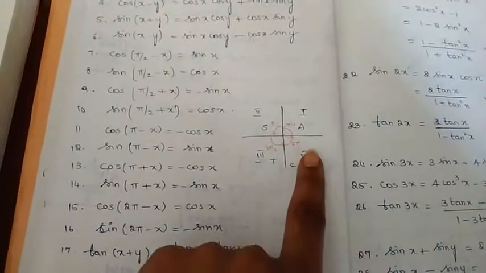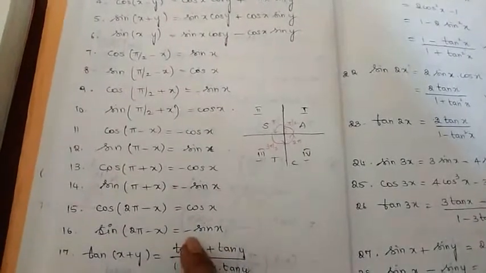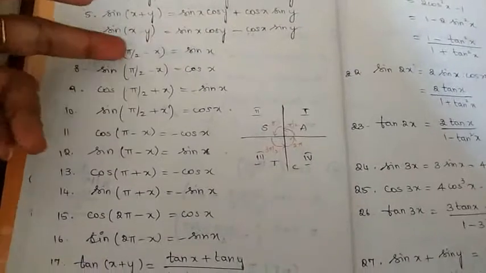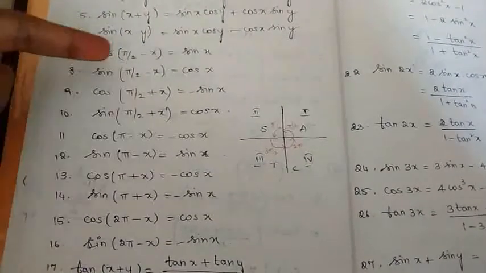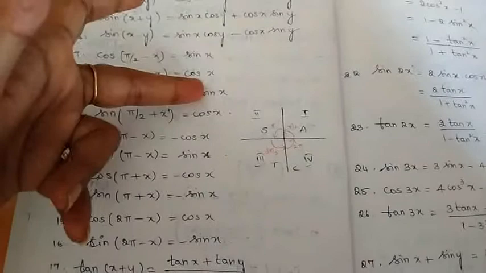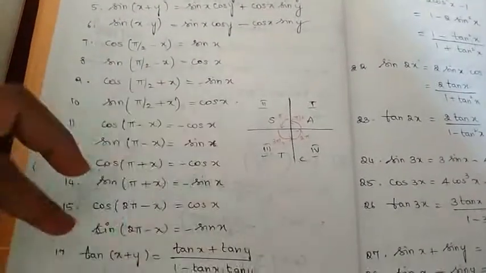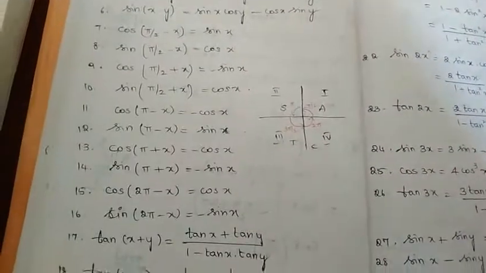There only cos and its reciprocal are positive. The remaining you have to give negative. Right? So remember, for pi by 2 plus or minus theta, the trigonometric function will change. For pi and 2 pi, the trigonometric function will not change. Only the sign you have to allot.